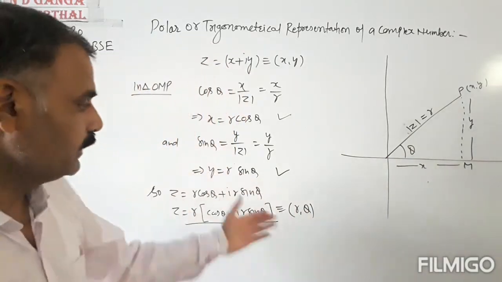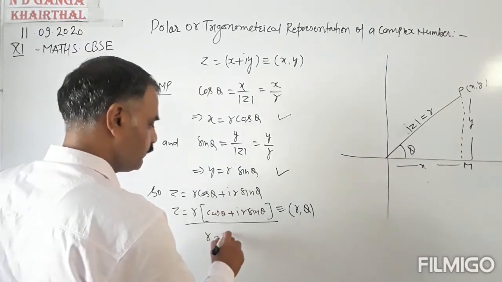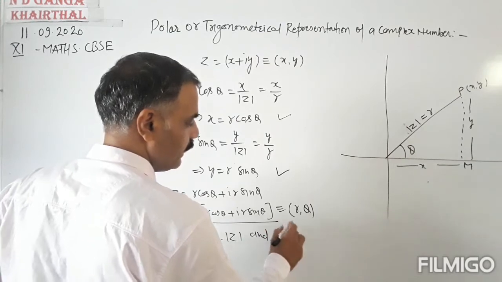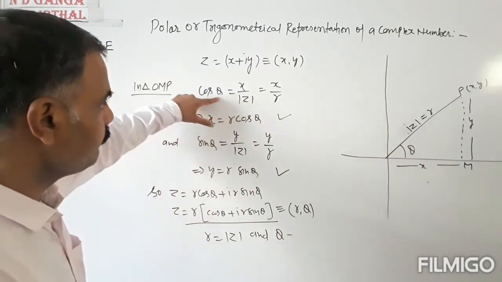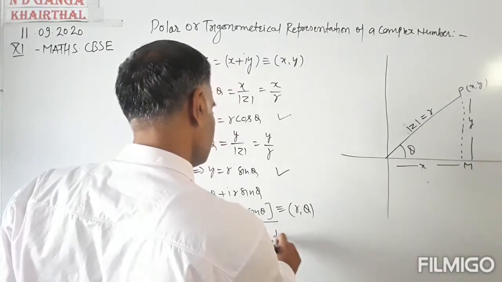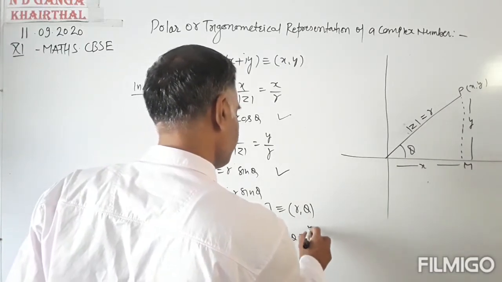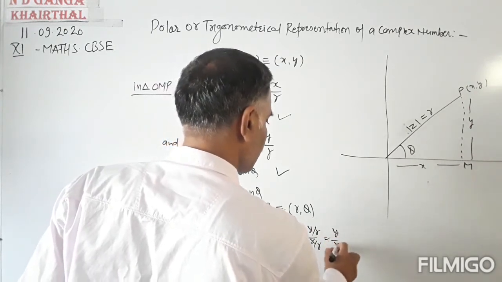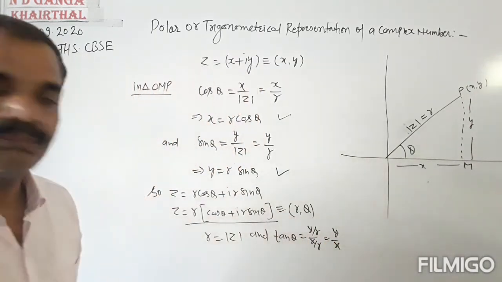Now here, r is equal to the magnitude of z, and we find theta from these two equations. tan theta is equal to y upon r divided by x upon r, which equals y upon x.